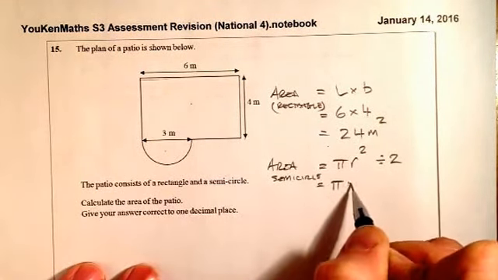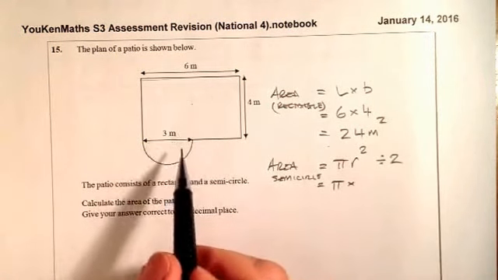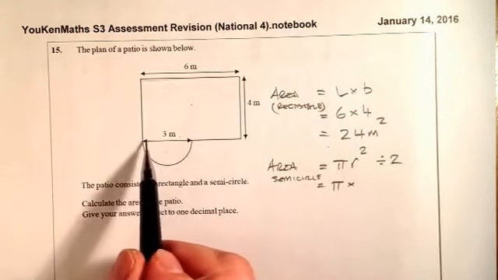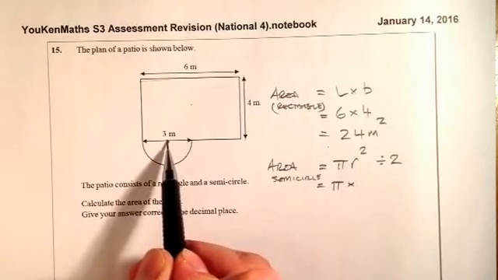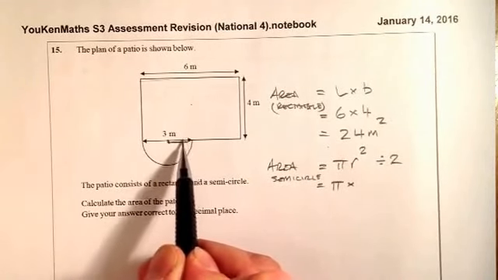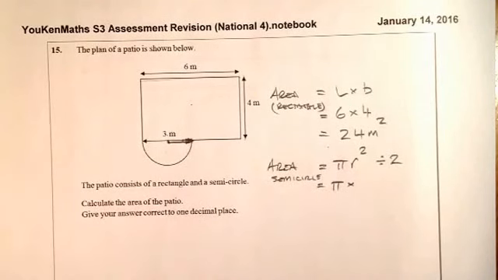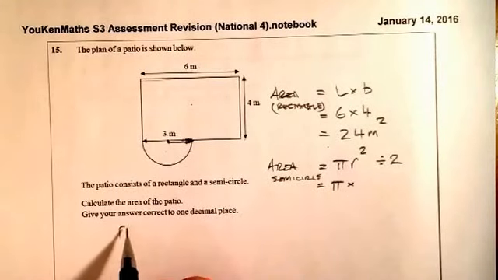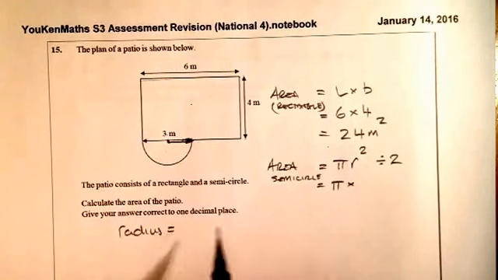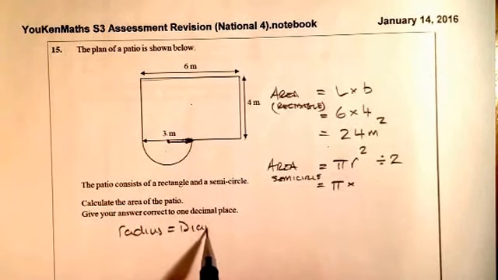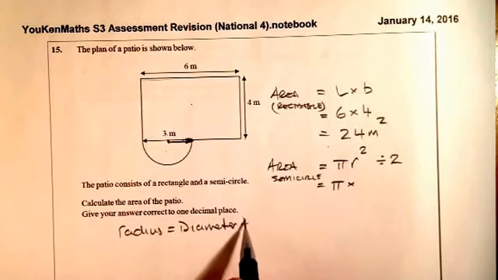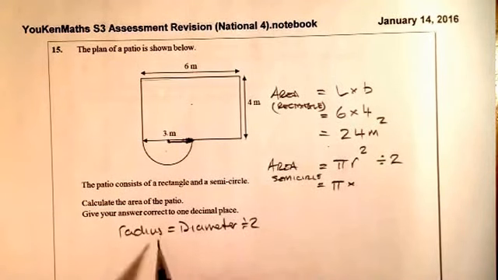So I'm going to substitute my values in. Now remember that the radius is from the centre of the circle to the outside. So it's only half of that distance, so my radius is going to be equal to the diameter halved, or divided by 2.